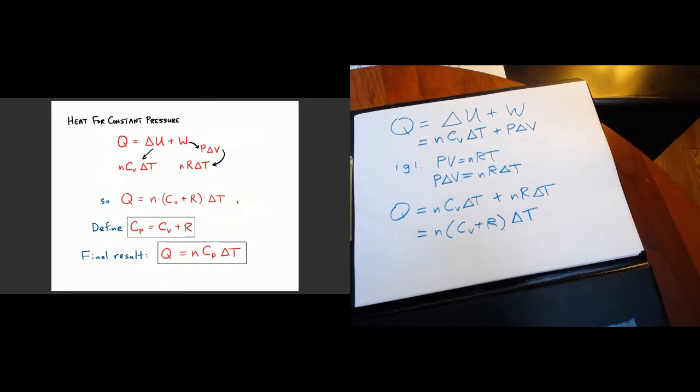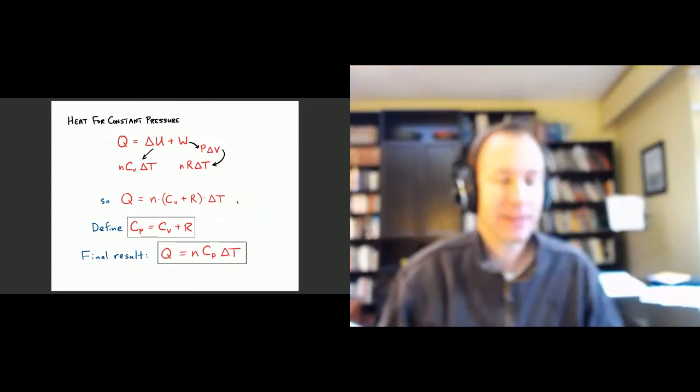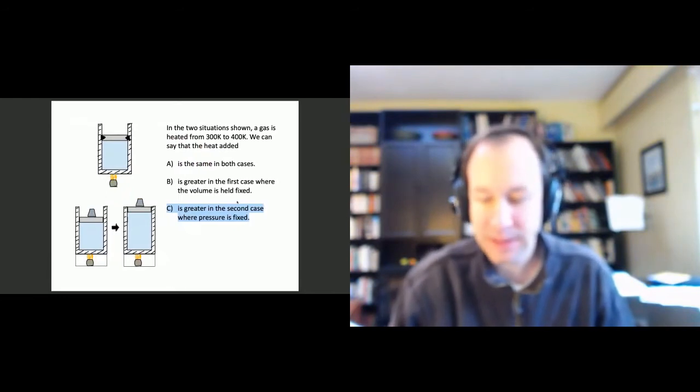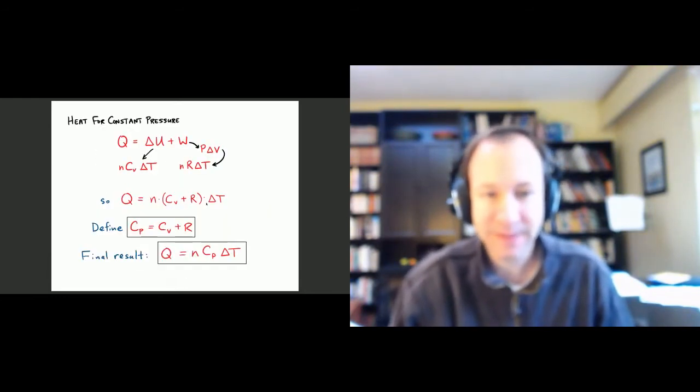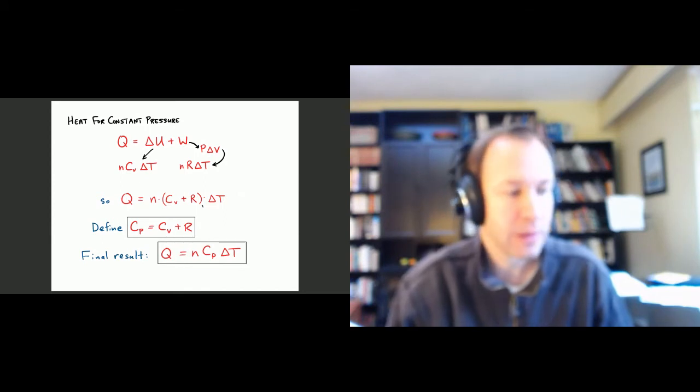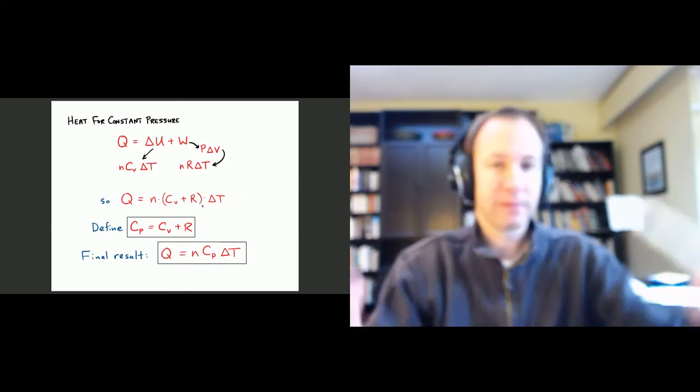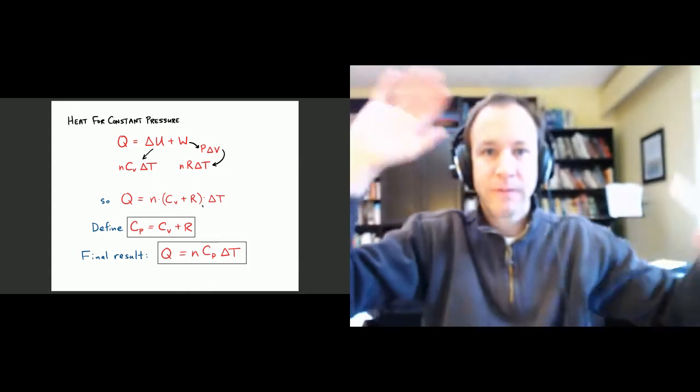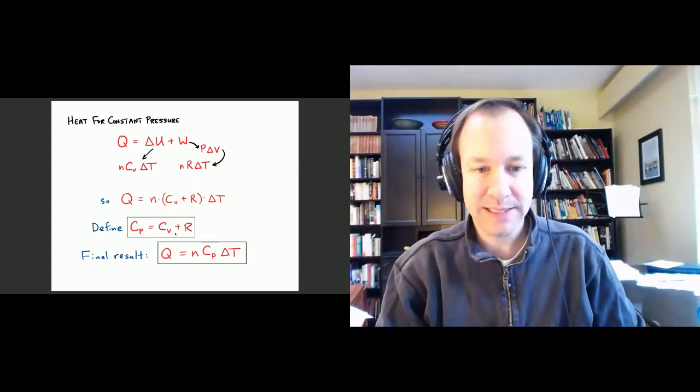And once you have that, it's actually convenient to make a definition, which is to say that CV plus R, this constant appearing in the formula for Q, we'll define to be CP.